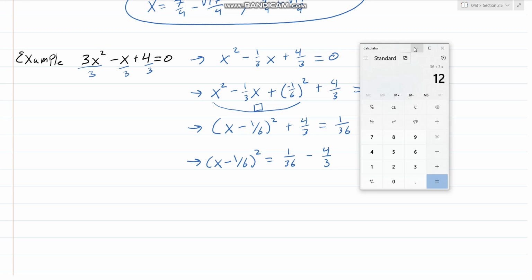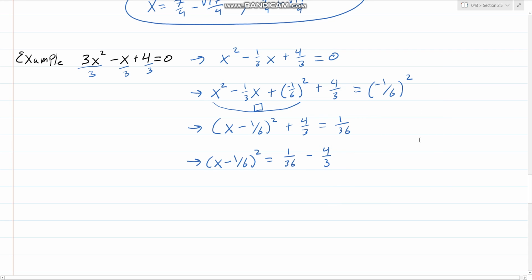Good thing I checked. So I need to go 12, and 12 times 4 is 48. So I can write 48/36. Now I have 1 minus 48, and that's going to be negative 47. x minus 1/6 squared equals negative 47/36.